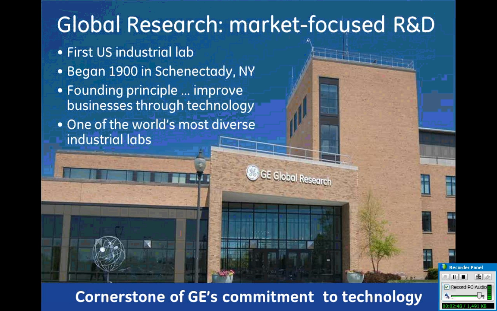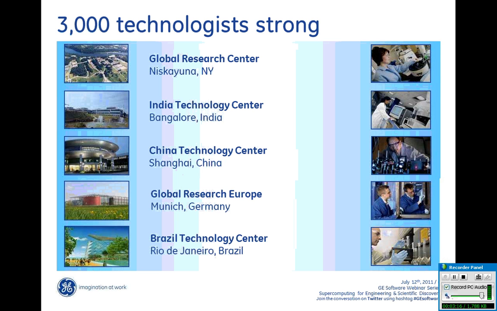It's the first U.S. industrial lab, and we have chemists, mechanical engineers, electrical engineers, physicists, biologists, computer scientists, quite a wide variety of people that work here, and that diversity lets us work on some very compelling problems in a cross-disciplinary way that's not available in many other research institutions.